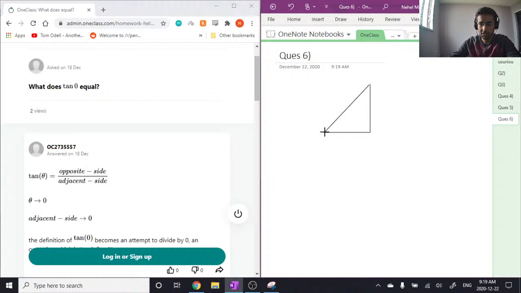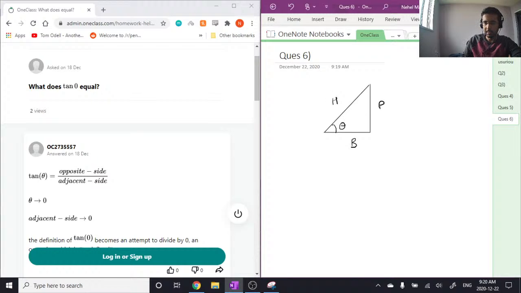Okay. So if I have a right angle triangle, such that this angle here is theta, this is the perpendicular, this is the base, and this is the hypotenuse.